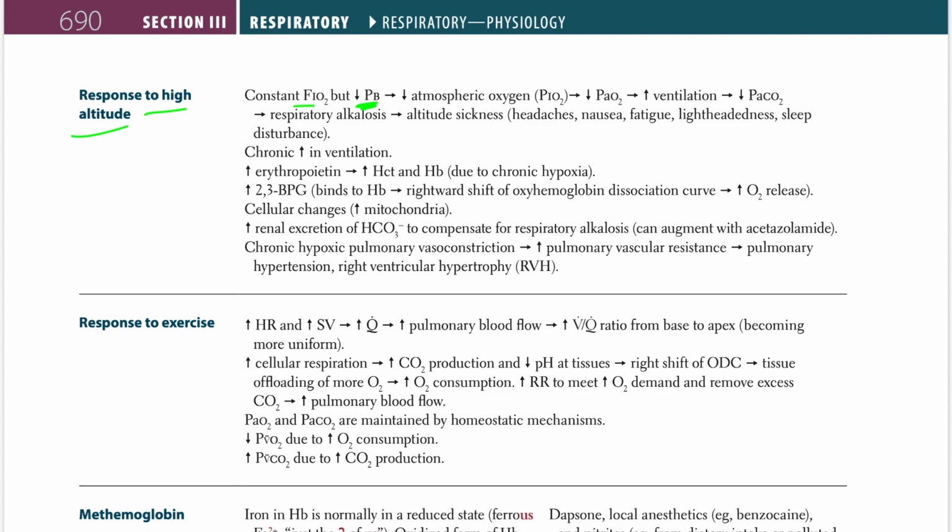It is the fraction of inspired O2. So you have a constant fraction of inspired O2, because this is what you're inspiring, but there is a decrease in atmospheric pressure, which is a decrease in PB. This whole thing would lead to a decrease in PiO2, the inspired O2 pressure, which would cause a decrease in PAO2 and an increase in ventilation.